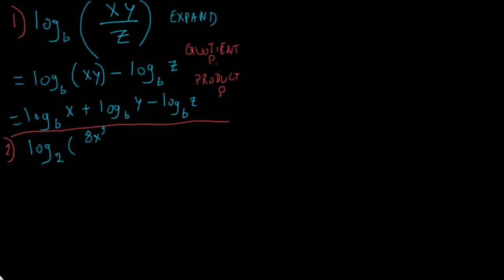I'm going to write that a little neater. Okay, so see if you can expand that on your own. And also just make note of the properties that you're using as you do it.